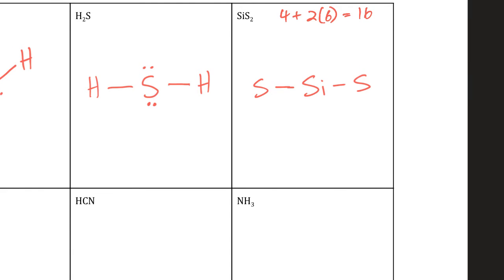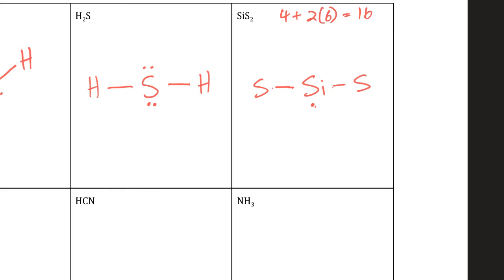So 16. So let's take a look at the silicon in the middle. Silicon should have 4. So we've got 1, 2, 3, 4, 5, 6. That doesn't quite work. So let's see what we can do about this.